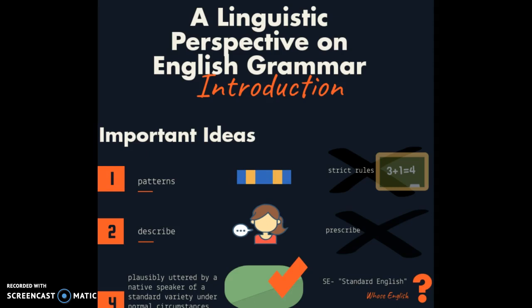For instance, normally we could say that generally we do not use progressive aspect, the be plus the ing added to the verb, with stative verbs. We don't say things like, I'm having a car, or I'm loving you, husband.